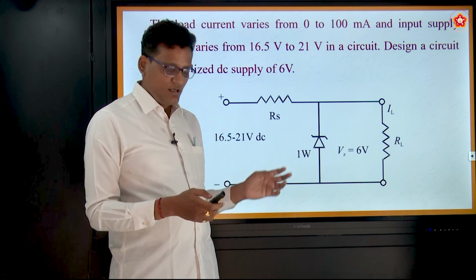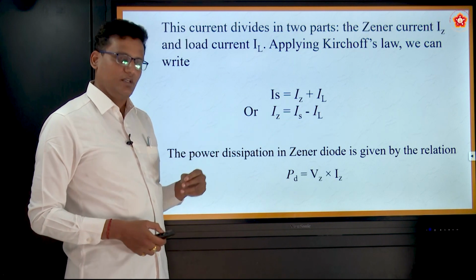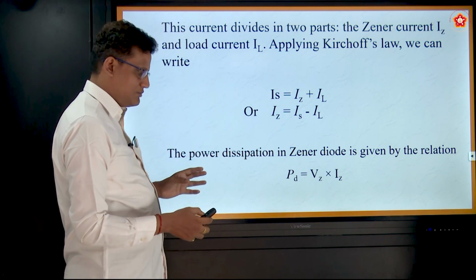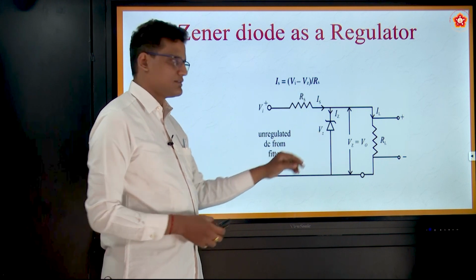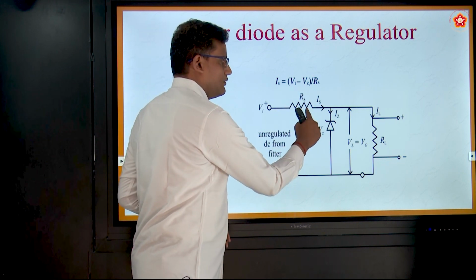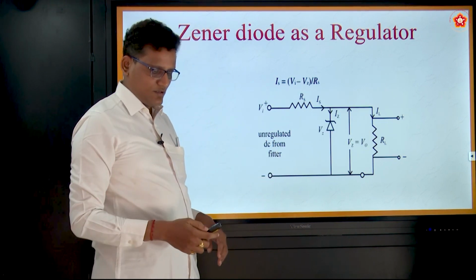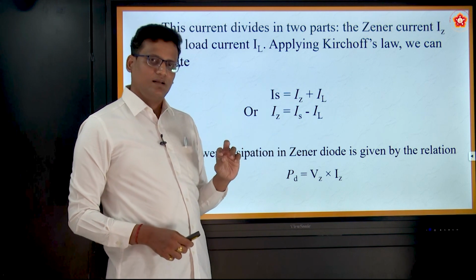So this is a wonderful example, but meanwhile we can even see some equations also here. The total electric current IS, the current passing through the resistor RS, is approaching here, IL is leaving, IZ is leaving. So they have written the equation as IS equals IZ plus IL.